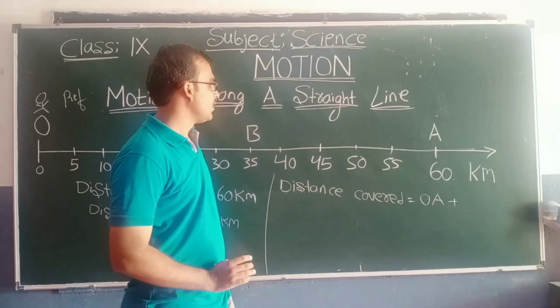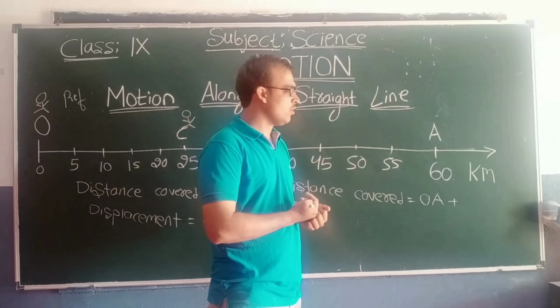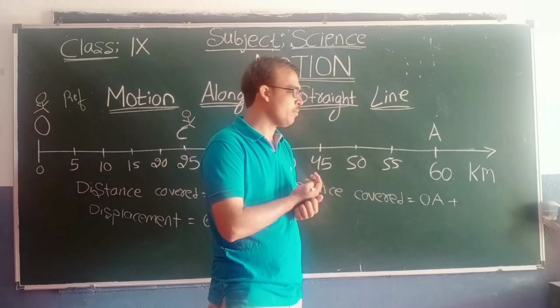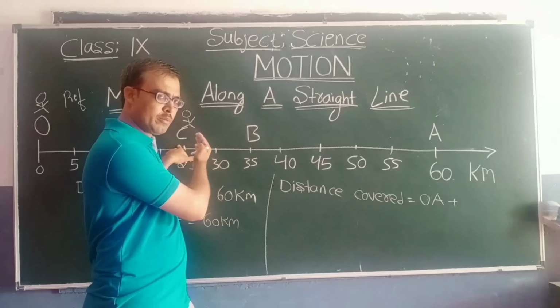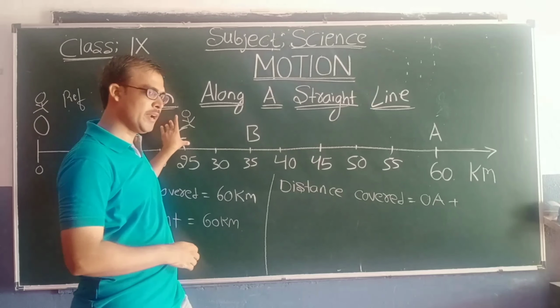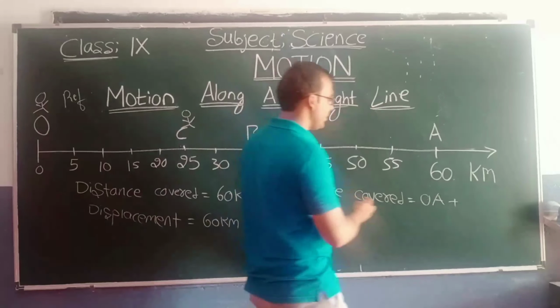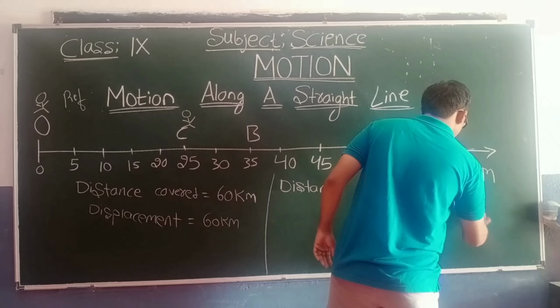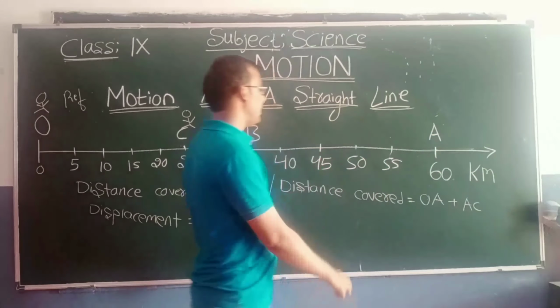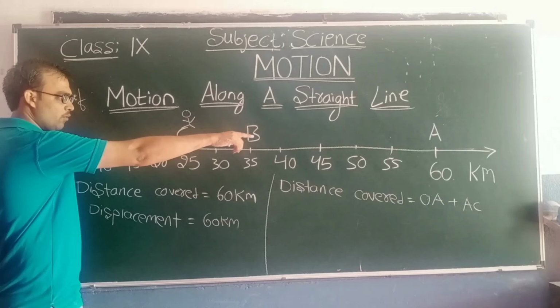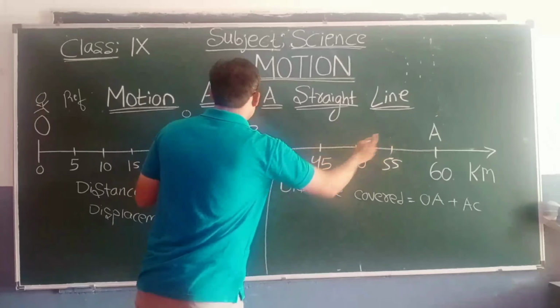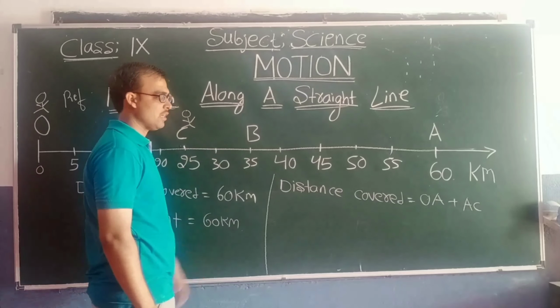Next he has moved back, from A to C, and he stopped at C. So again he has covered a distance of AC. So OA is one distance and AC is the second distance that he has covered.